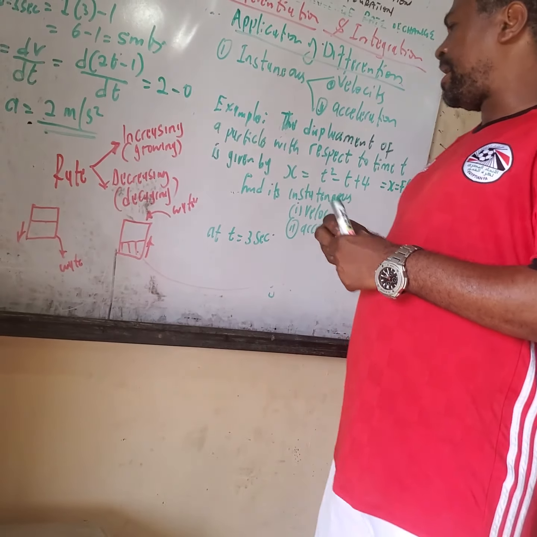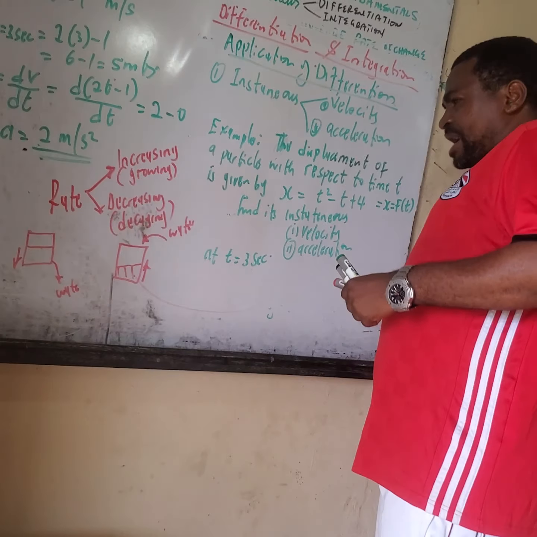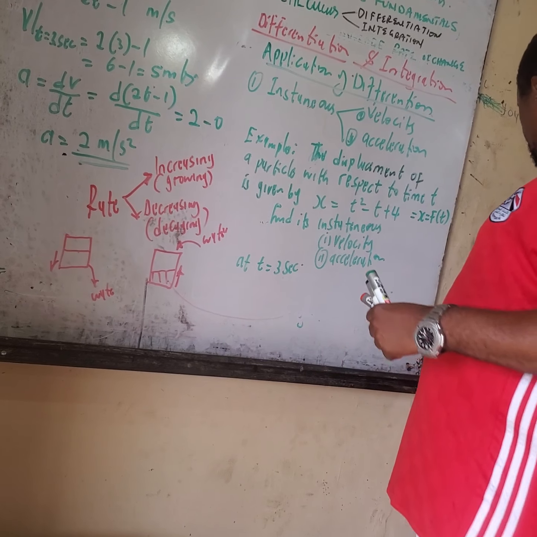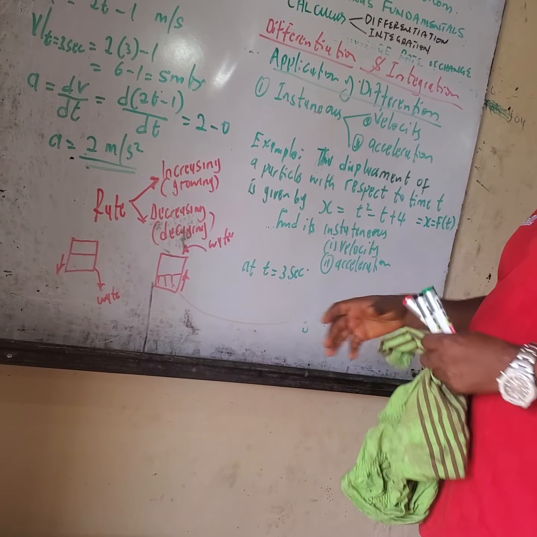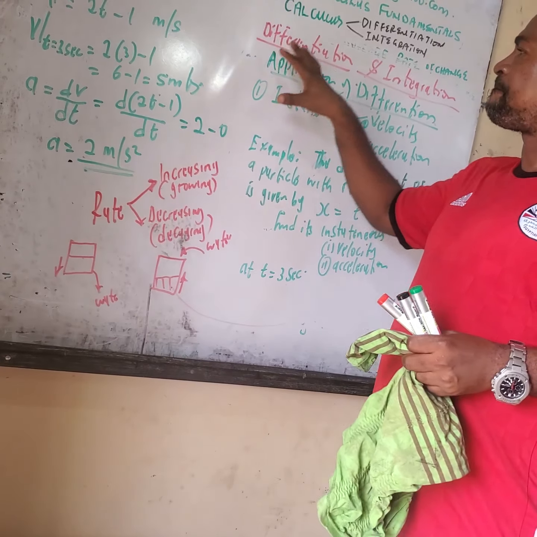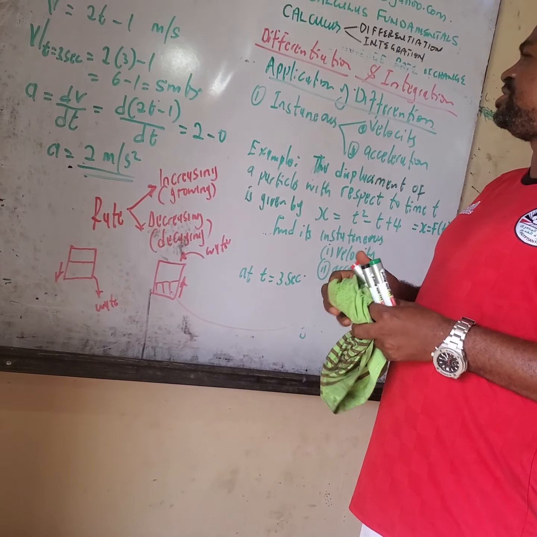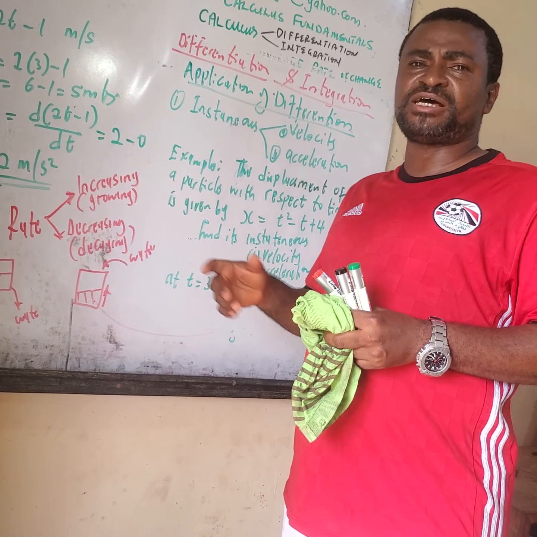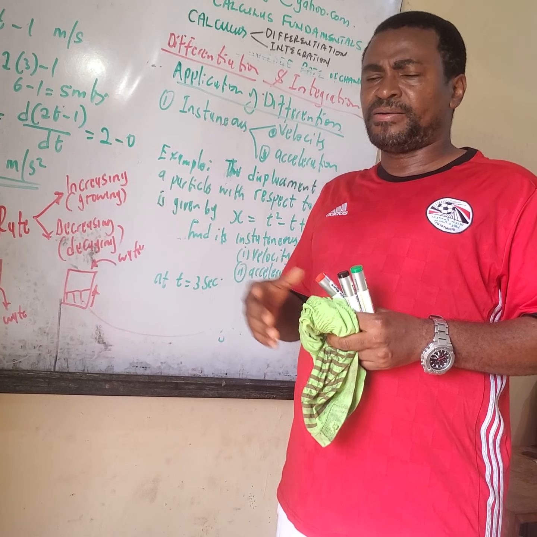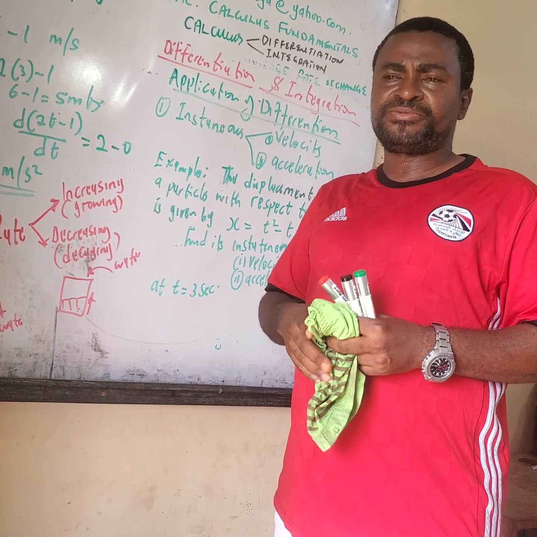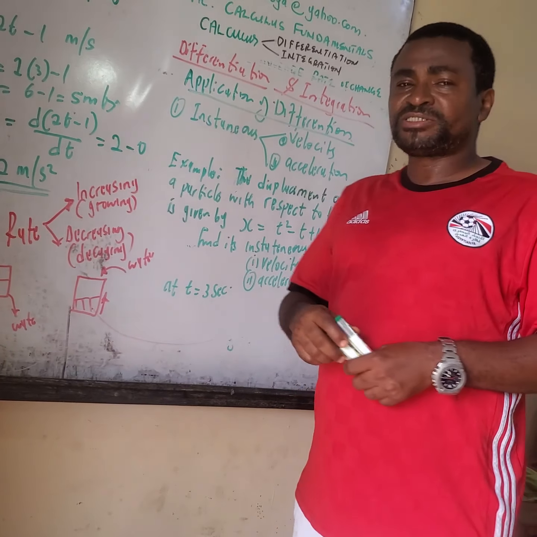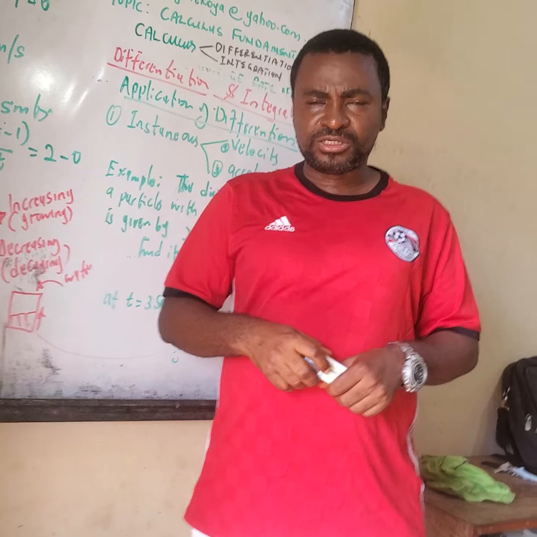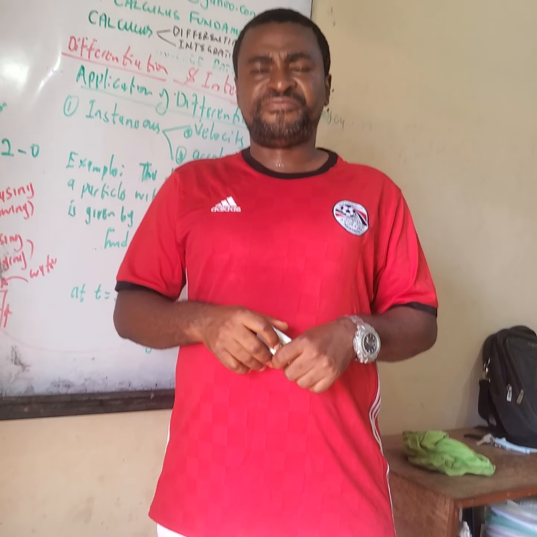So far, and then this rate of change can be the rate of change of population in agriculture. This particular application of differentiation is used in engineering, in science, and it's also used in social investigations. I believe that you must have learned one or two things on the concept of differentiation.